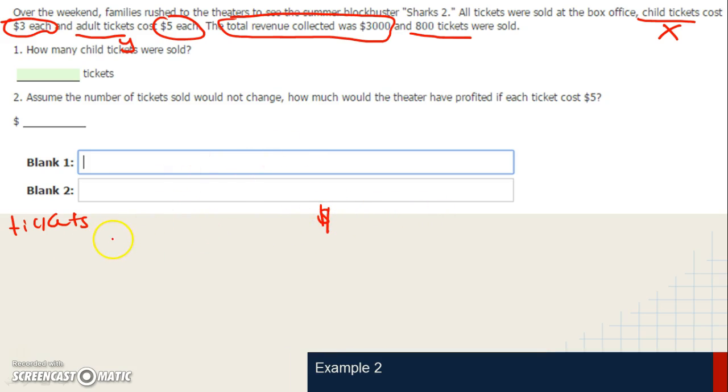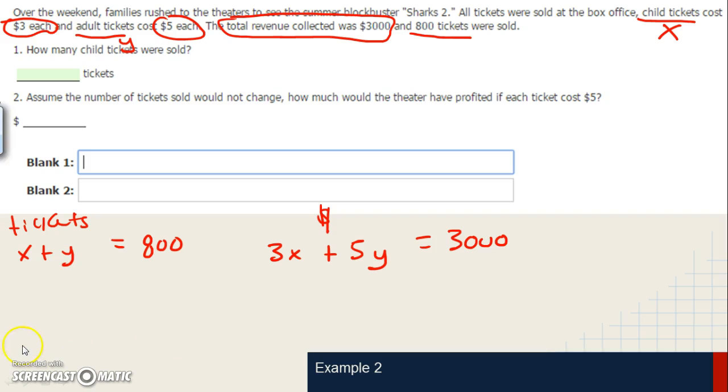Let's set our total number of tickets equal to 800. And we know that the child tickets plus the adult tickets will equal that. And then our total revenue we know is 3,000. And we know that the cost for each child ticket was $3 plus the cost for each adult ticket is $5.